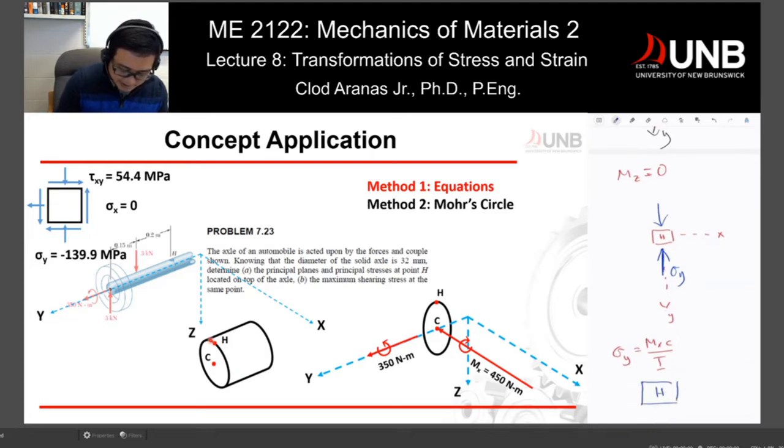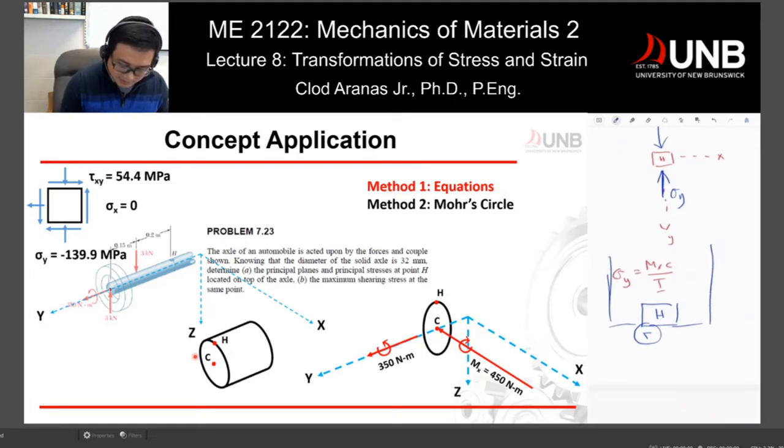So let's say that's your H. So it's producing a shear, which is this position here. Now it's rotating counterclockwise. You look at point H from the top, and you can see that this rotation is producing a shear towards this part, because that's the whole section of your axle, and the torque is moving this way.